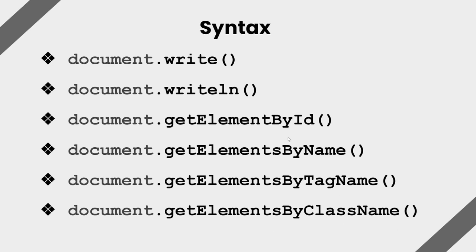So you can see here in the syntax that each of these methods begins with the document object. And that's because before you can specify the HTML elements you want to manipulate or access, you must begin with the document object first, as I said before. So that's why you have the syntax in this way.